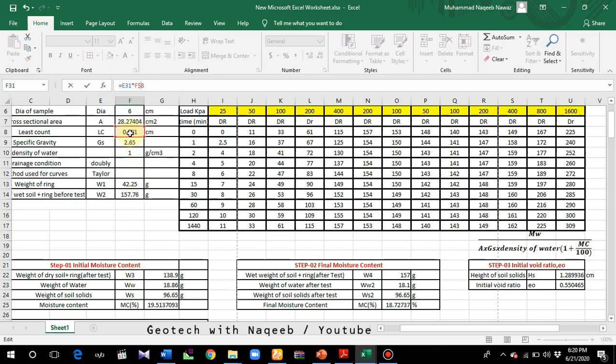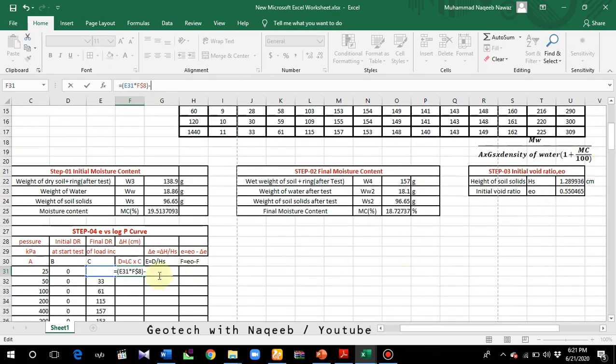So that is why I am fixing this value. I will close the bracket here and here. This step you will have to do very carefully. So this, and then you will have to subtract from this value. So now the delta H has been found out.